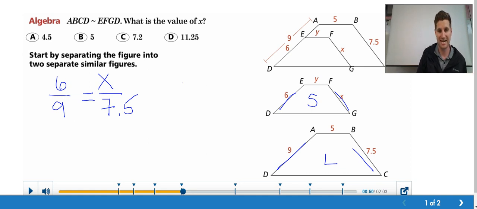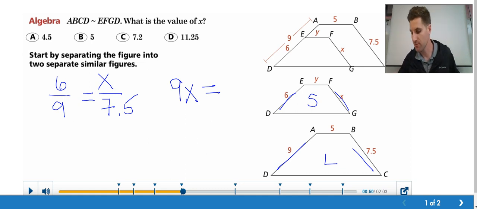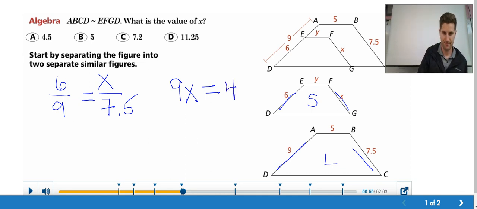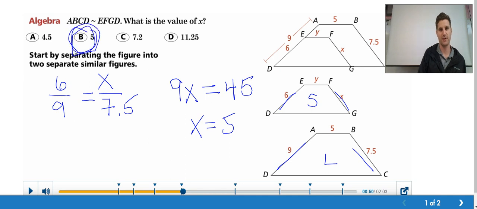So we get 9x equals, and then I'm going to do 7.5 times 6 in my calculator, which gives me 45, and then divide by 9, x equals 5. And there's our correct answer.